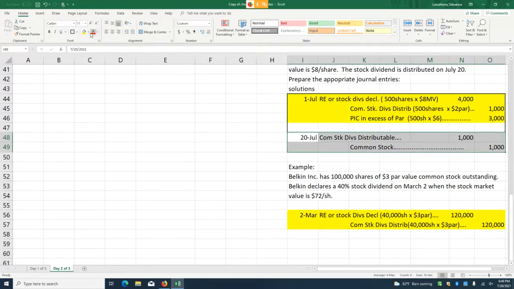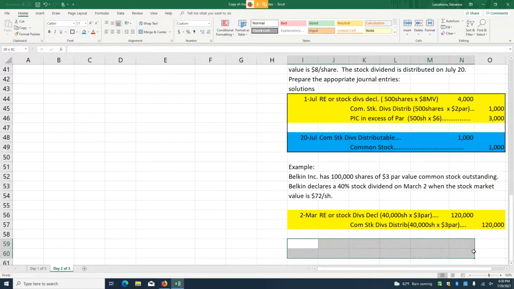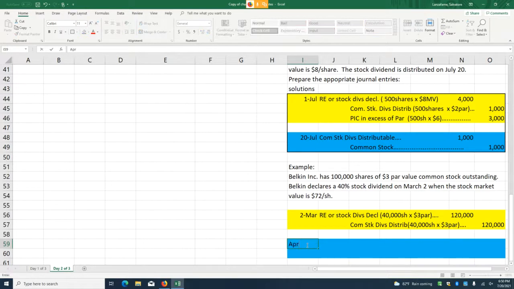Okay? And then the final step looks the same under both approaches. You would never know if you were dealing with a small or a large looking at this last entry. Did they give us a date? Oh, they only wanted the declaration, so they're not even asking us for this, but we're going to do it anyways. Let's pretend it's April 2nd.